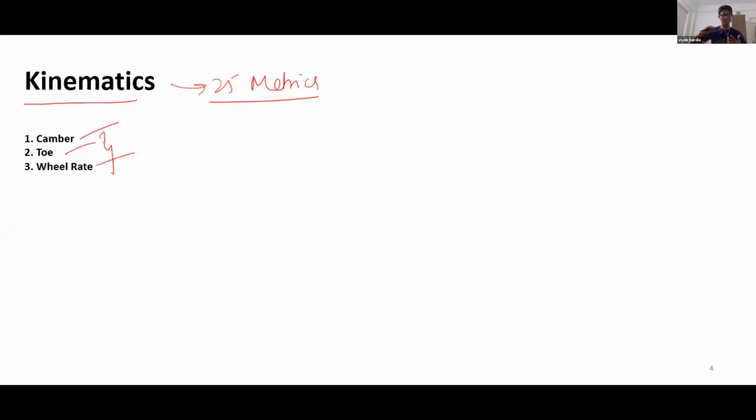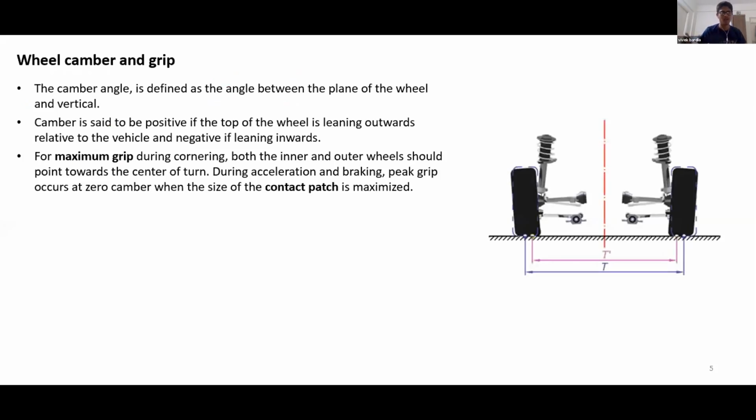If you have nailed these three, I would say it would be a good enough suspension, because going for all the 25 different metrics is just not feasible at a student level, right? So let us see what is practical and how do we optimize these three angles. So we'll start with camber.